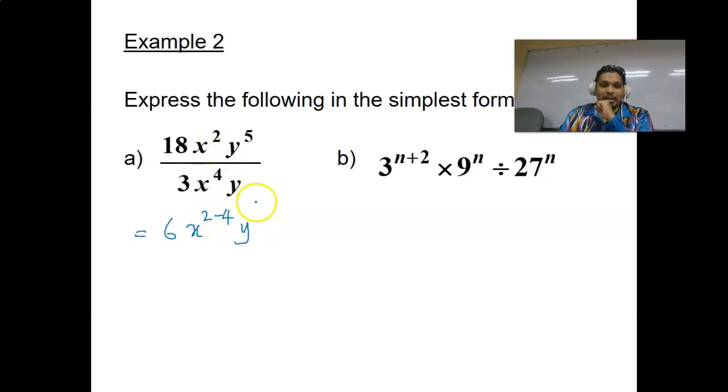And y to the power of 5 divided, so we come up with minus 1. So 6x to the power of 2 minus 4, which is negative 2, and y to the power of 4, or it is 6y to the power of 4 divided by x squared.